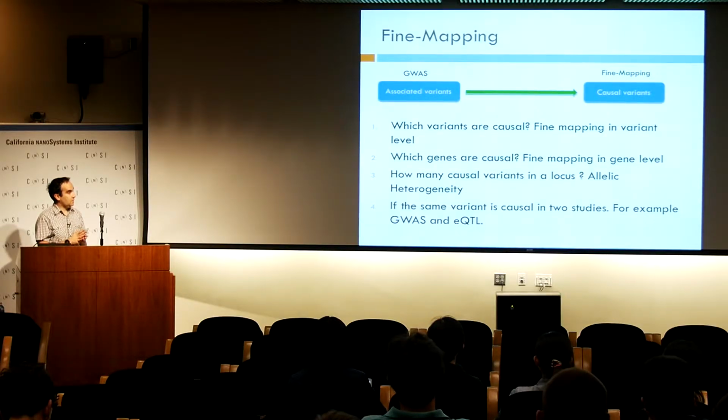In our view, we are interested in a set of related questions. The core question is, if we have an association peak, which variants are actually causal, that is, which variants have a biological effect and affect the phenotype? That we call fine mapping at the variant level. One level up is which genes are causal: the variants affect genes, and how does that affect downstream phenotypes?